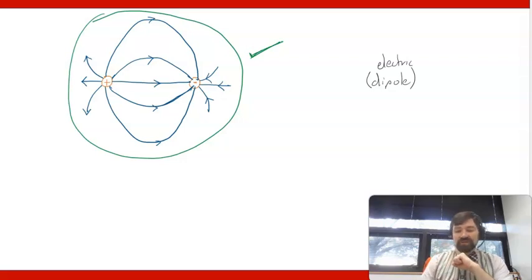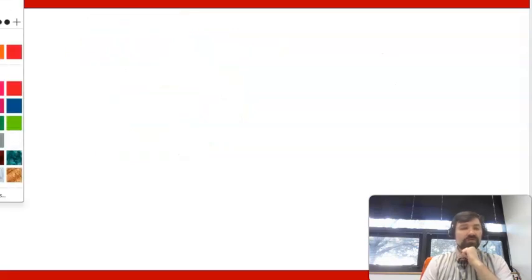We could, for example, have a setup in which there are two charges with the same sign, okay? So two charges with the same sign might look like this. So I'm going to put a plus charge here. I'm going to put another plus charge here.